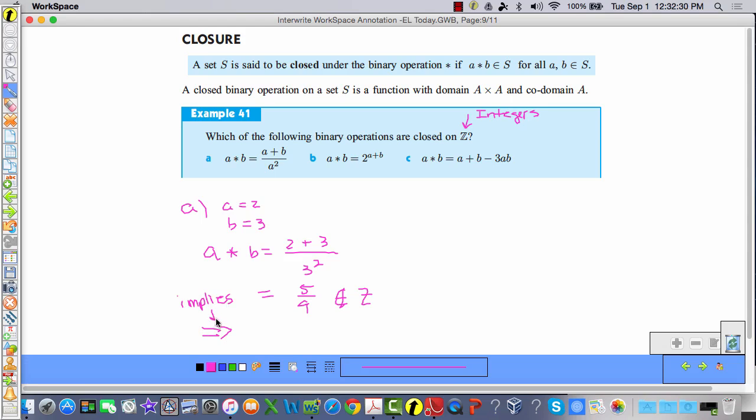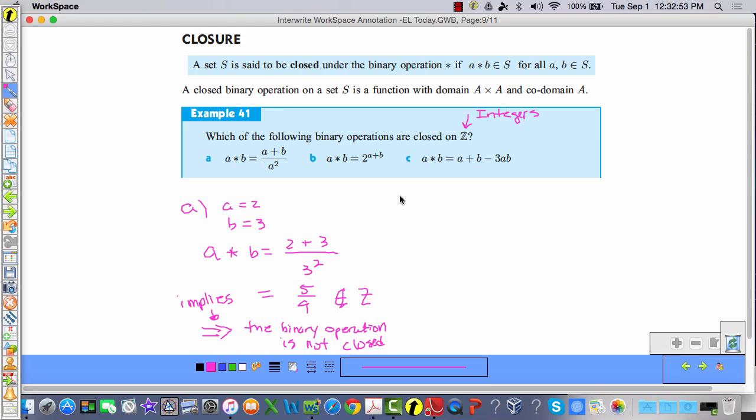I use it quite a bit, as do other mathematicians. Implies that the binary operation is not closed. So all you need is one counterexample, because it has to work for everything. Has to work for everything.